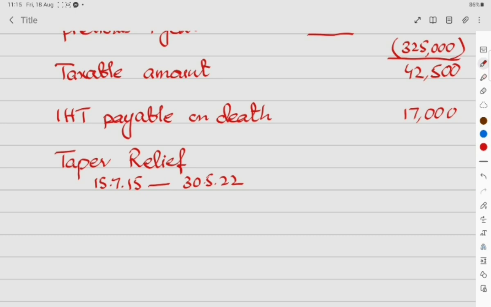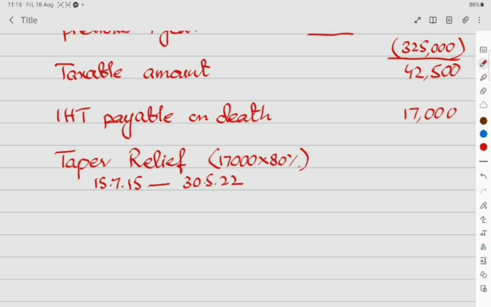So it is a period of 6 to 7 years after the date of gift. So the taper relief that is to be applied is 80%, as the period from date of transfer to date of death is between 6 to 7 years.